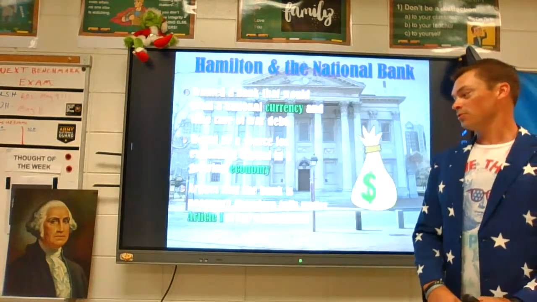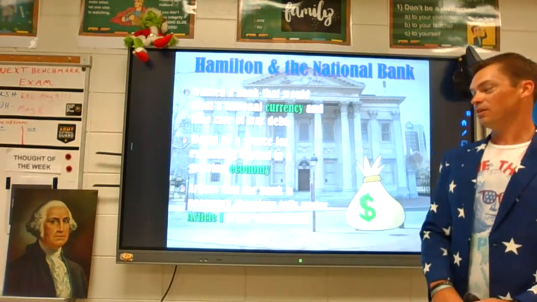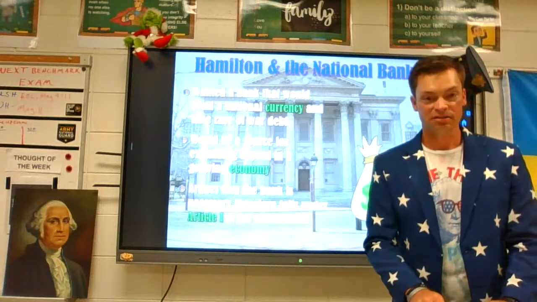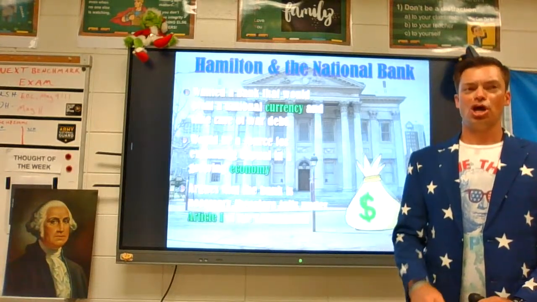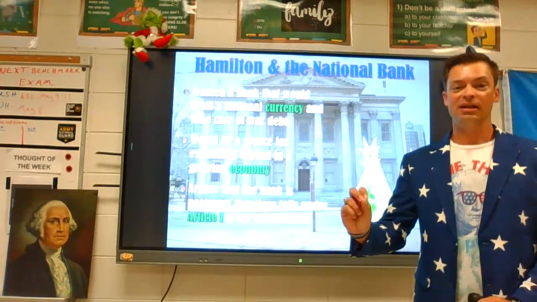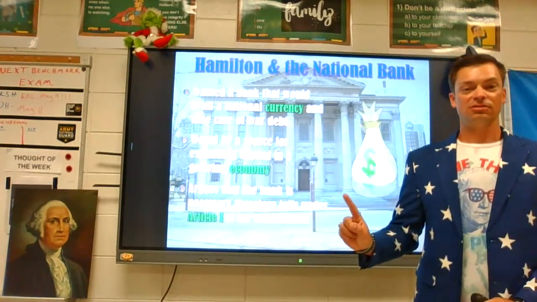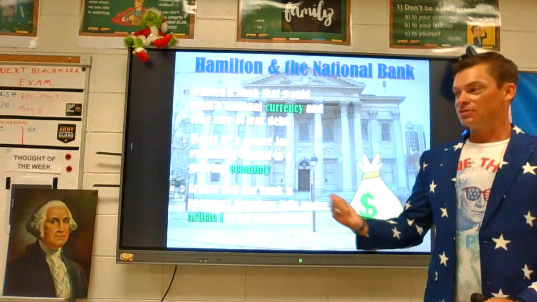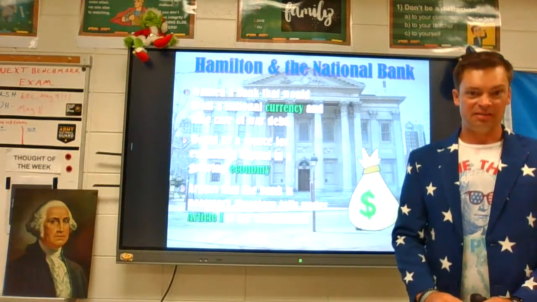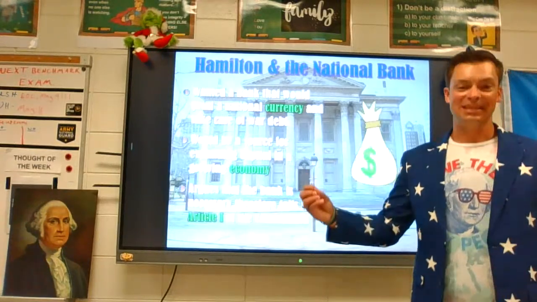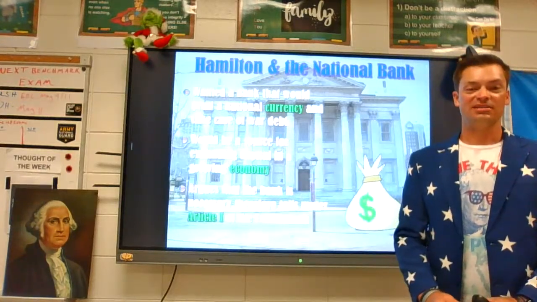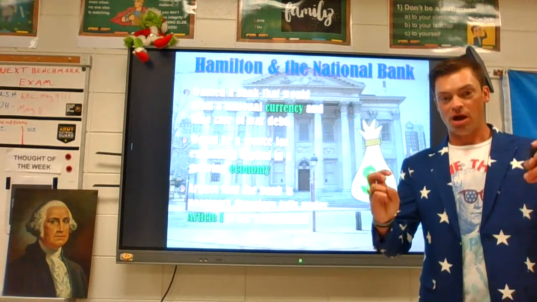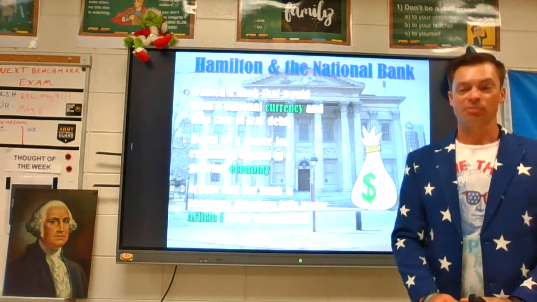And he also argues that the bank is necessary because it falls under Article 1 of the Constitution. See, critics of the bank are going to say, well, the Constitution doesn't say we should create a national bank. If it's not written in the Constitution, we can't do it. Hamilton is going to be of the philosophy that the Constitution is elastic, meaning that there's phrasing in Article 1 that says anything that is necessary or proper for running the government is permissible.